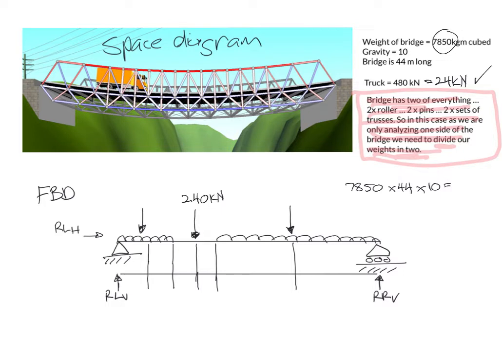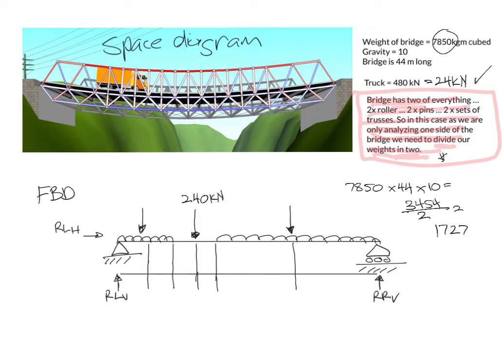So 7850 by 44 by 10 equals 3,454 kilonewtons. Again, I'm wanting to divide it by 2 here because I'm only looking at half. 3,454 divided by 2 equals 1727.